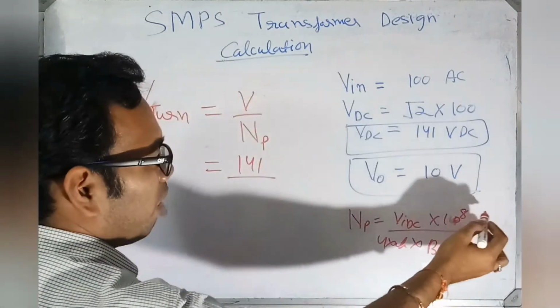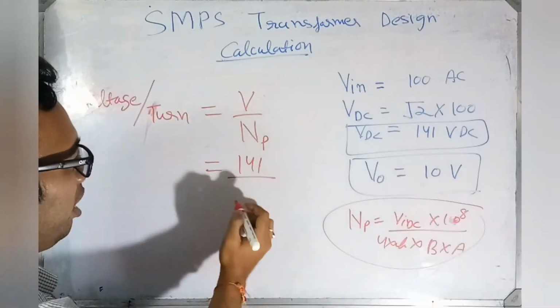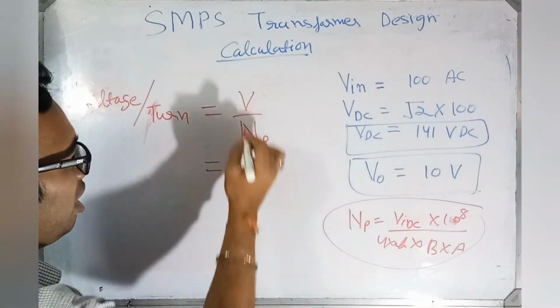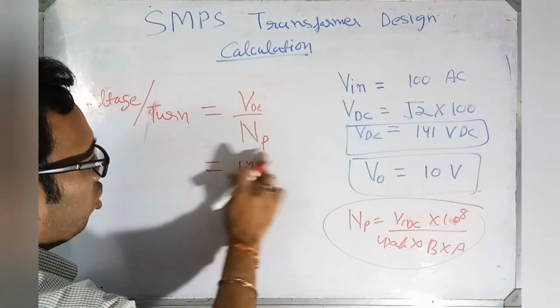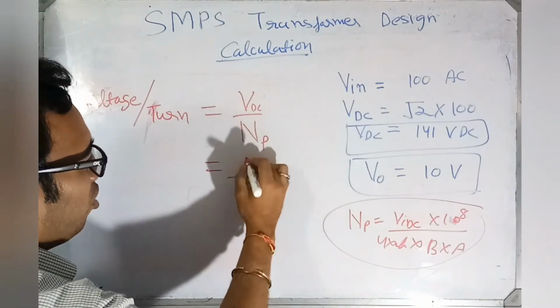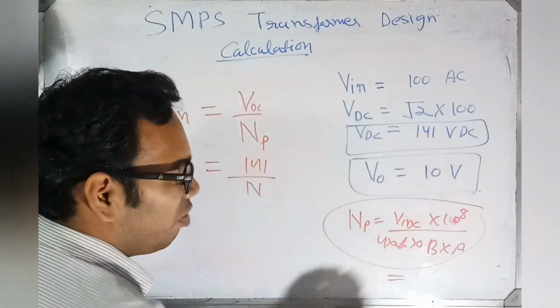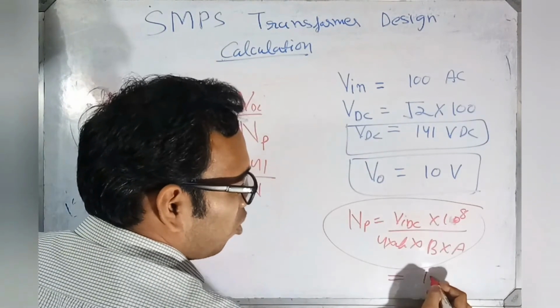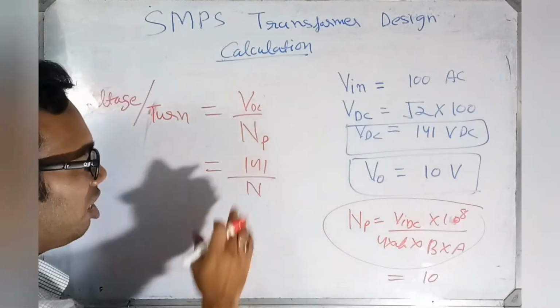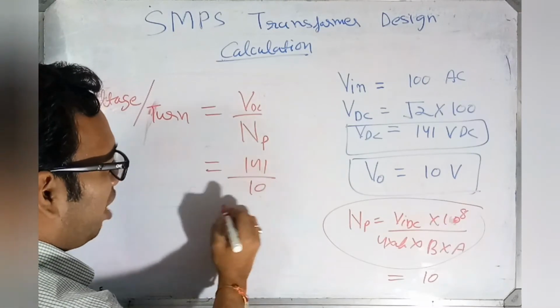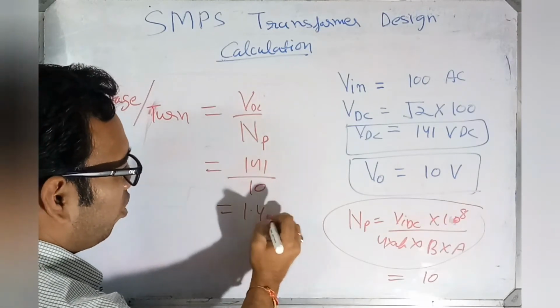From this formula we can calculate the P. Here I am writing VDC only, 141. Vp we have calculated. Let us assume for the calculation the number of turns came as 10, so this comes to 1.41.